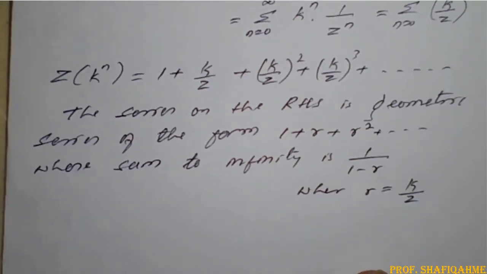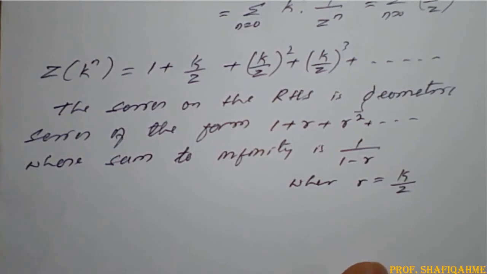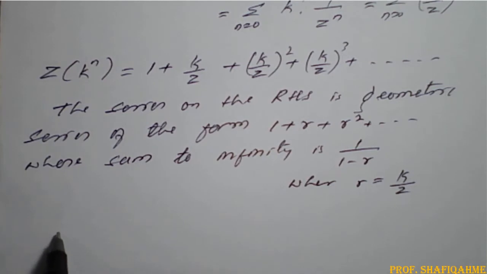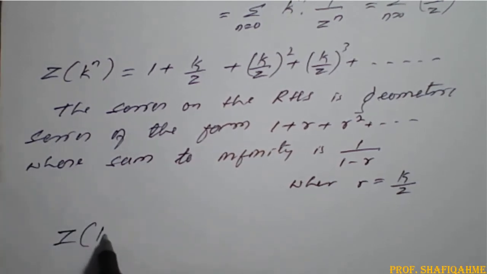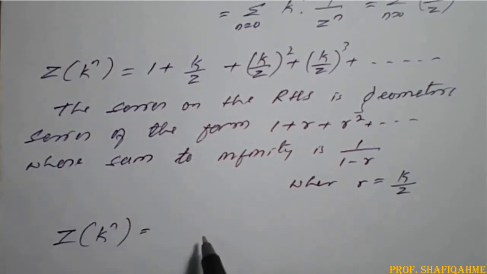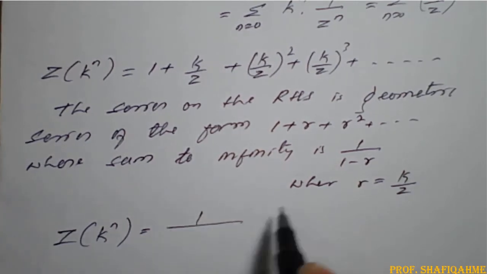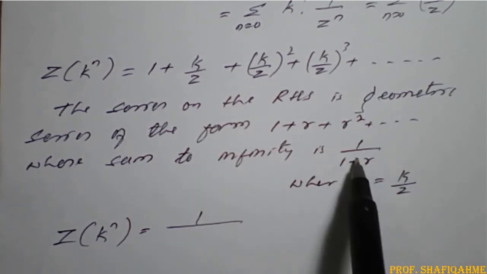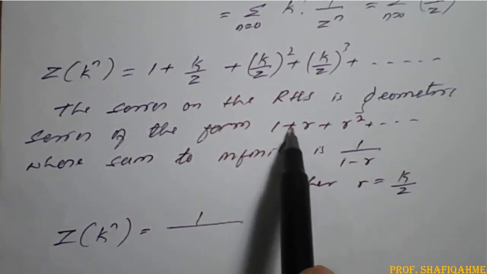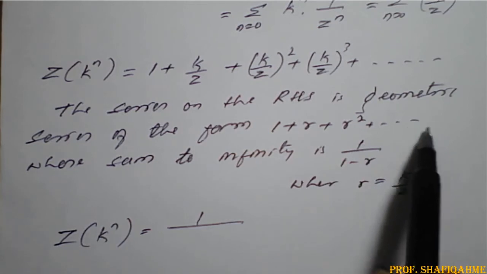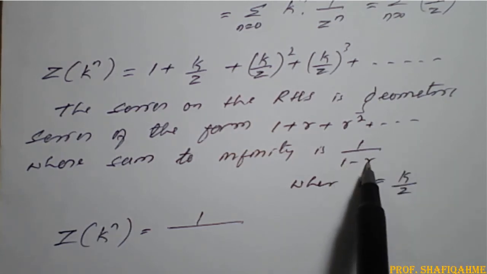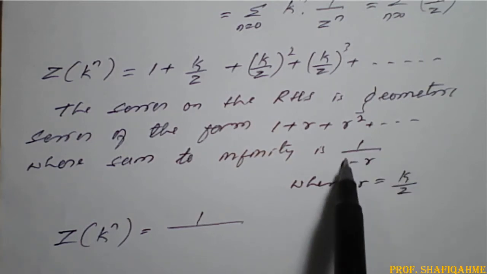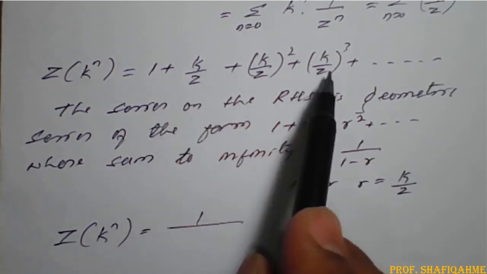So using this concept of geometric series, we can conclude that the Z transform of k raised to n is equal to 1 upon 1 minus r, the sum to infinity of 1 plus r plus r square plus so on. Here we'll use r equal to k upon z.